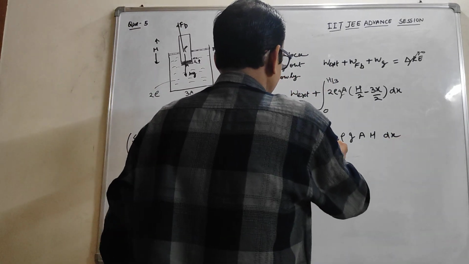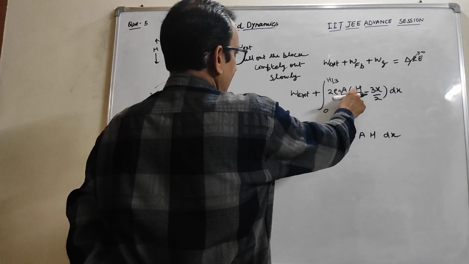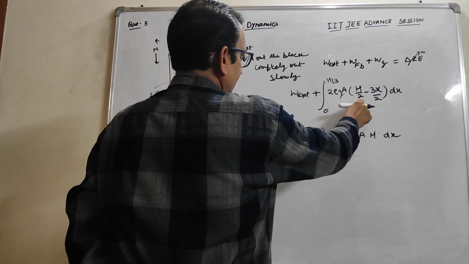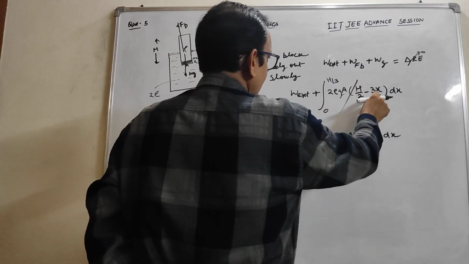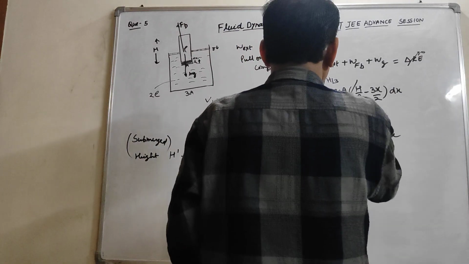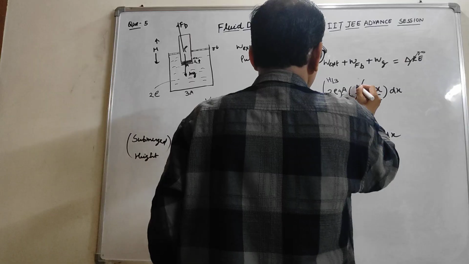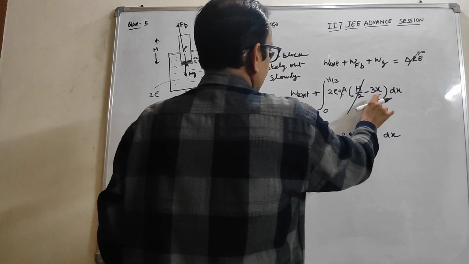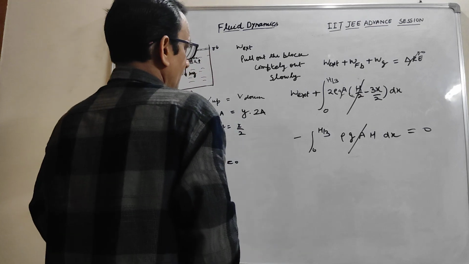This is h by 3. So this term h, A, g and h by 2, this term would be cancelled, and this becomes this only, this term is cancelled, only this term remaining, so this is equal to 0.